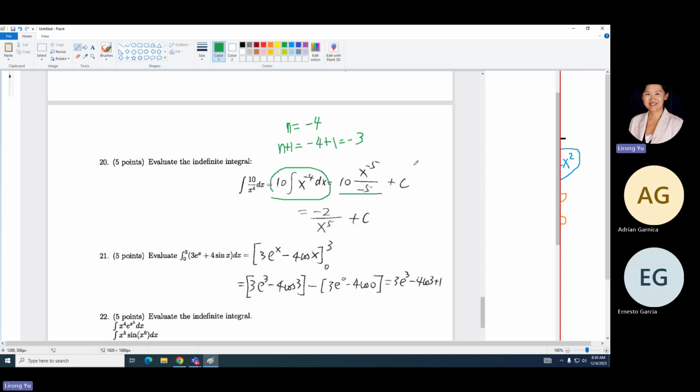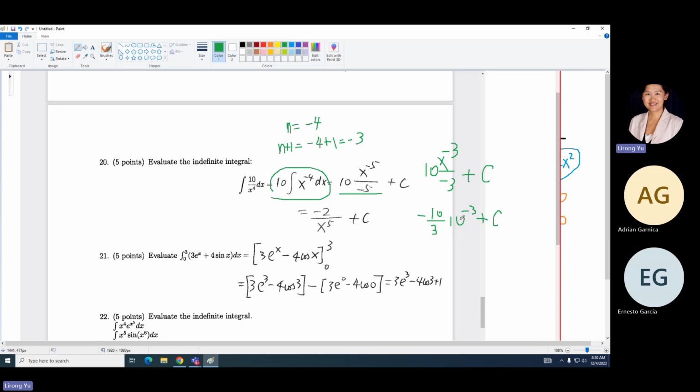So here the answer should be 10 times x to the power -3 over -3 plus c. So if we combine, it will be -10 over 3 times x to the -3 power plus c.